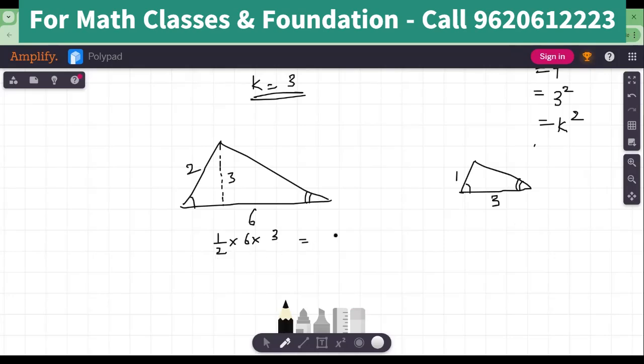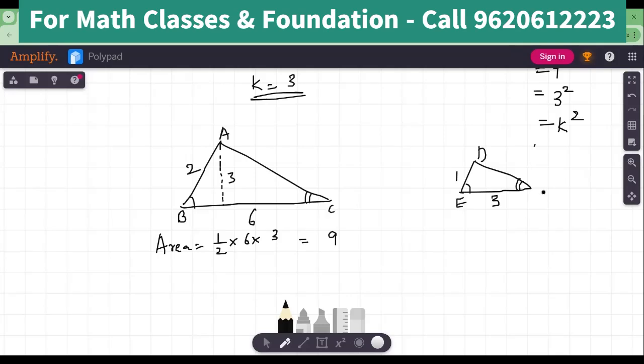And we will get 9. Let's say we know this: the area of this triangle is 9 square centimeters. And because we know this proportionality concept and we know this triangle is similar to the other triangle, we can easily find out the height of the next triangle.